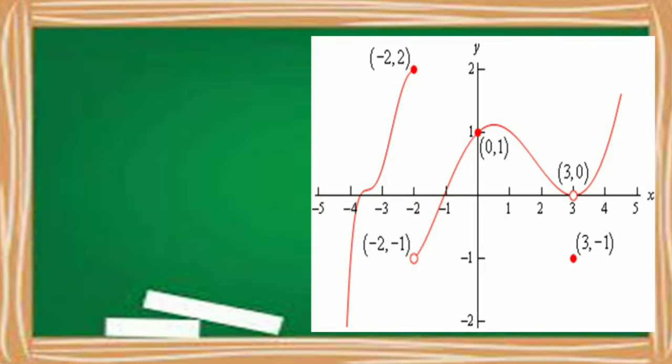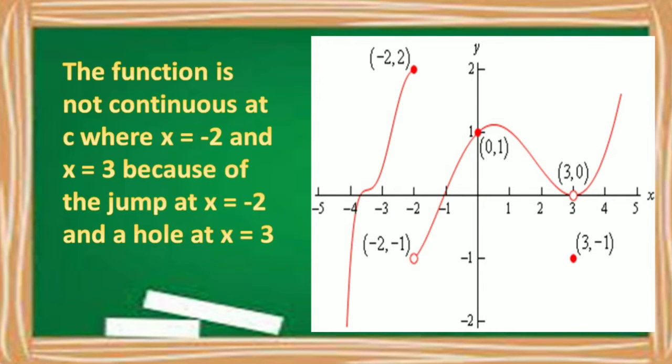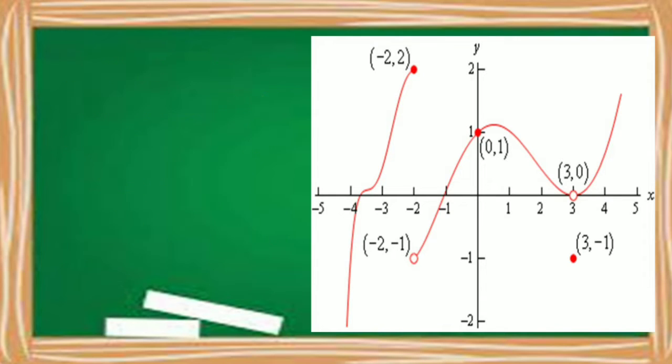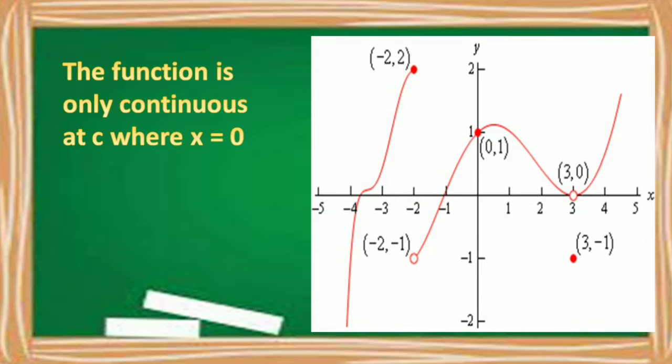And again, based on the given graph, we can say that the function is not continuous at c where x equals -2 and x equals 3 because of the jump at x equals -2 and the hole at x equals 3. And the function is only continuous at c where x equals 0 because of the solid point.